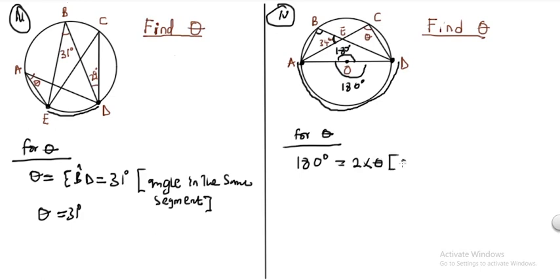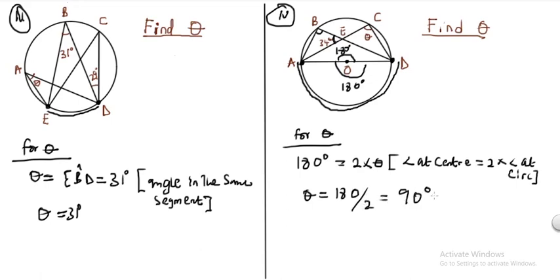The reason for this is angle at center is equal to 2 times angle at circumference. So this simply tells us that theta is equal to 180 divided by 2. 180 divided by 2 is 90 degrees here.